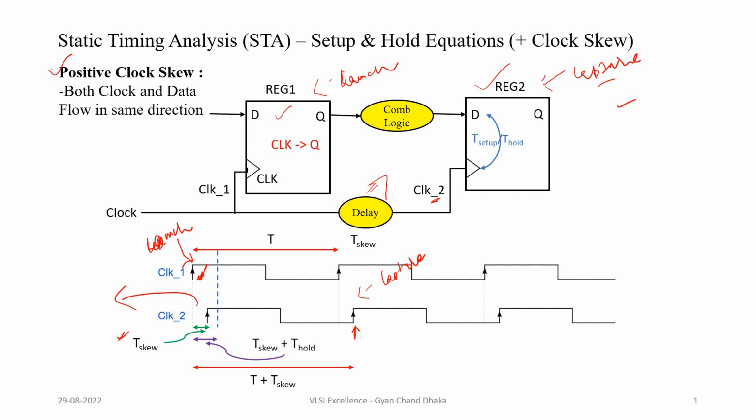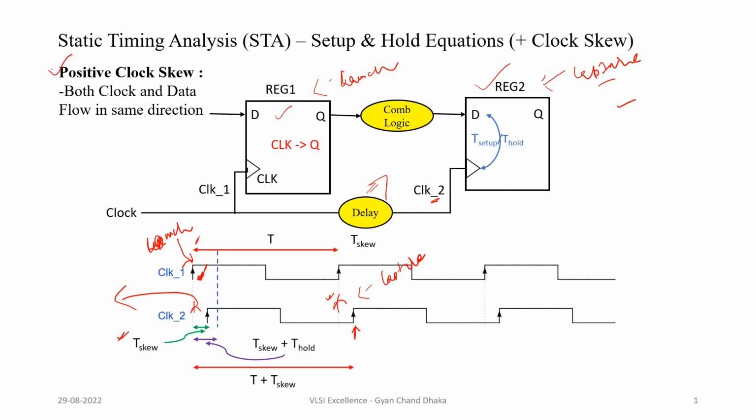Ideally, when there is no clock skew, data is launched at this clock edge and captured at the next edge; there is no skew, so this edge will be coming here and this will be coming here. So the data is captured at this clock edge.